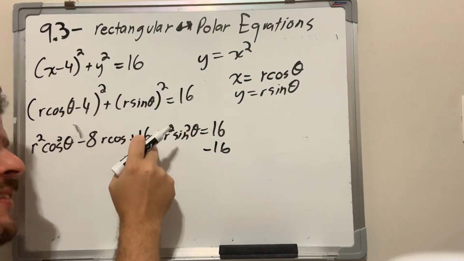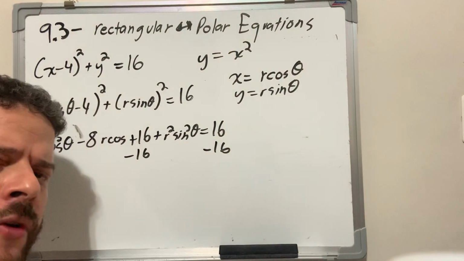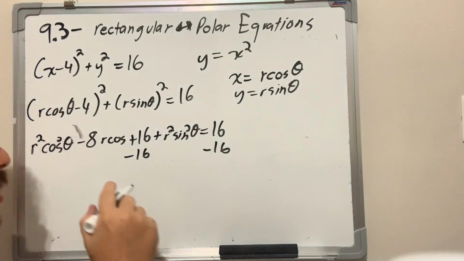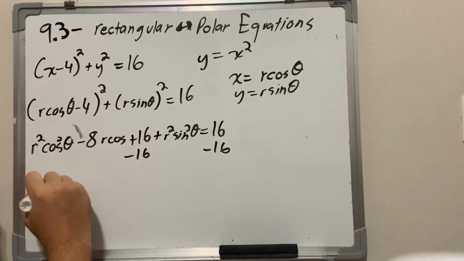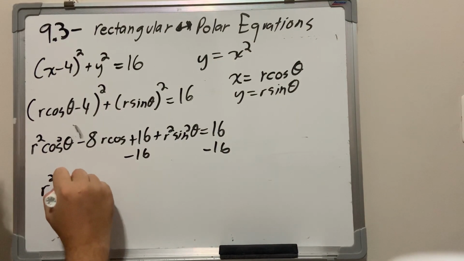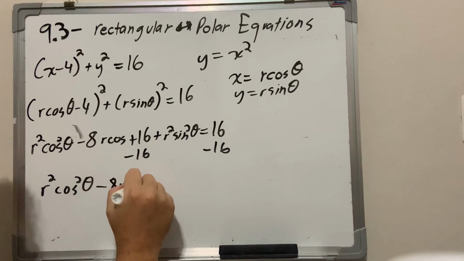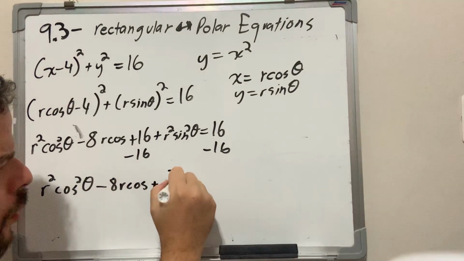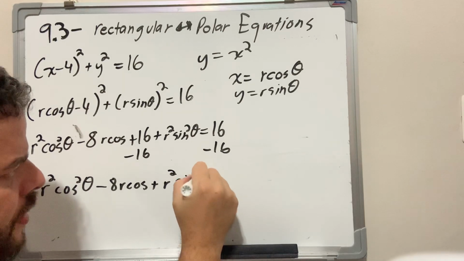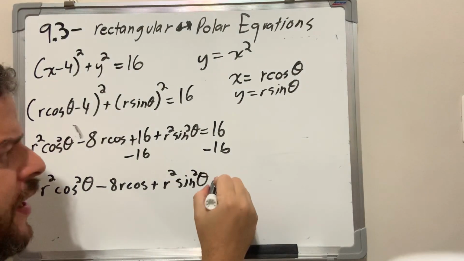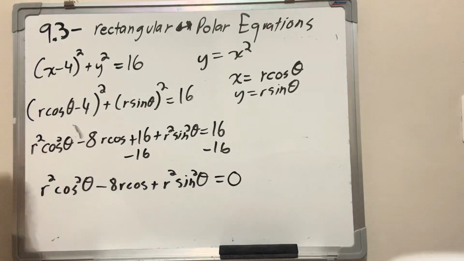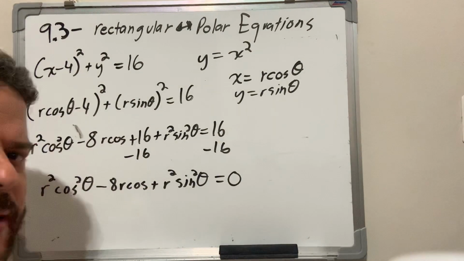If there's a constant, you're always going to send it to the other side, always. So again, this turns into r squared cosine squared theta minus 8r cosine theta plus r squared sine squared theta equals 0. All I did was subtract the 16.